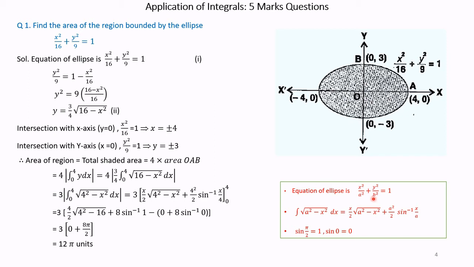And the standard integral of square root of a square minus x square into dx is equal to x by 2 into square root of a square minus x square plus a square by 2 into sine inverse of x by a, and sine pi by 2. Sine 90 is 1 and sine 0 is 0. So we will take up the next.